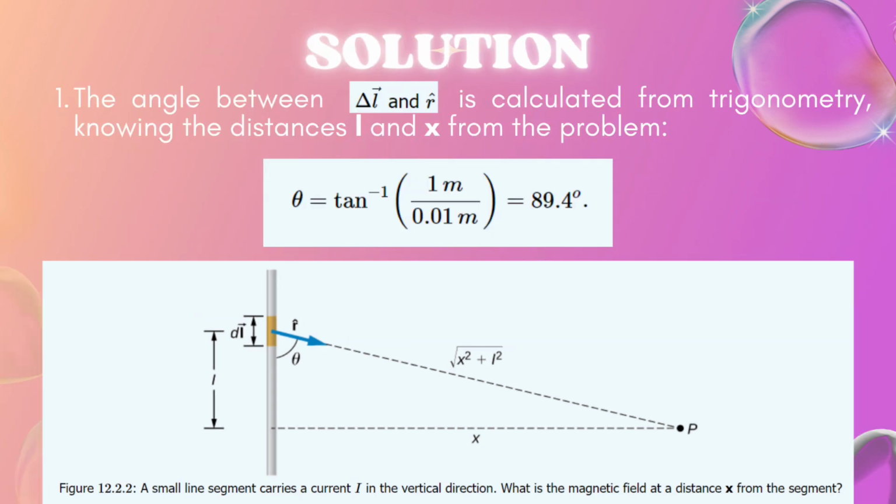So here's the solution for the given problem. The first step, the angle between the change of current segment and distance is calculated from trigonometry, knowing the distances l and x from the problem. Theta equals tan raised to negative 1 times the quantity of 1 meter over 0.01 meter, resulting in 89.4 degrees.